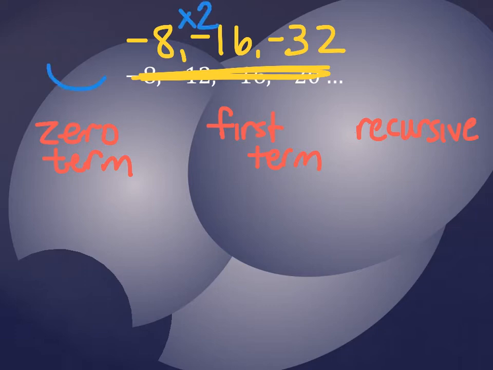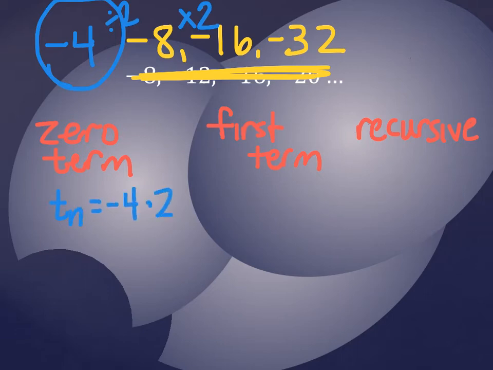And if we use times 2 going forward, we're going to divide by 2 to get the 0 term. And -8 divided by 2 is -4. So if we're going to use the 0 term form, we're going to say t of n is -4 times 2 to the n.